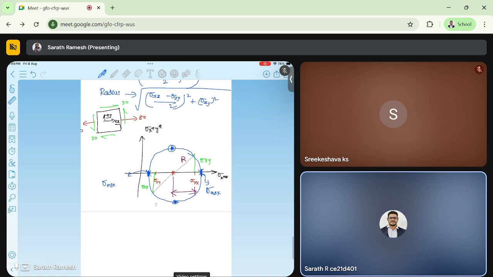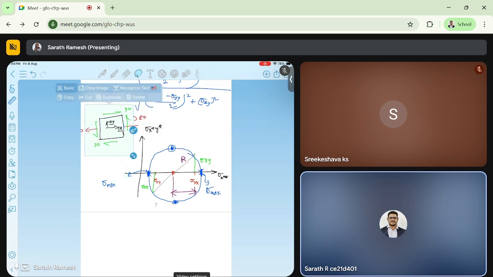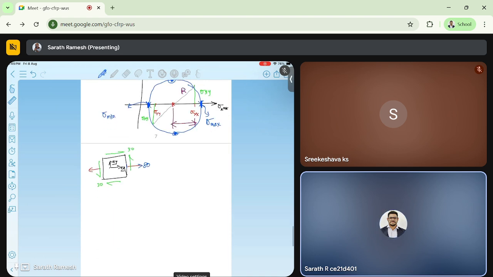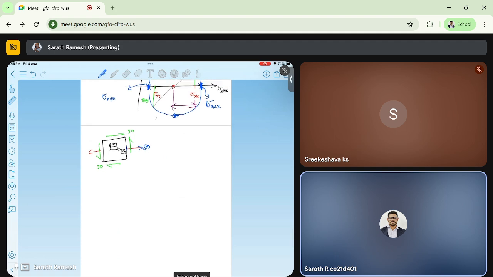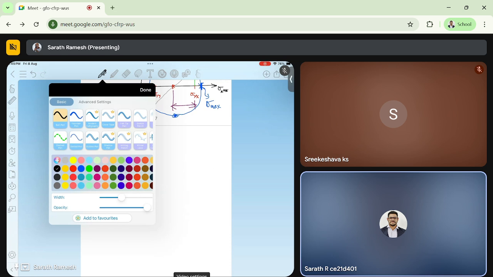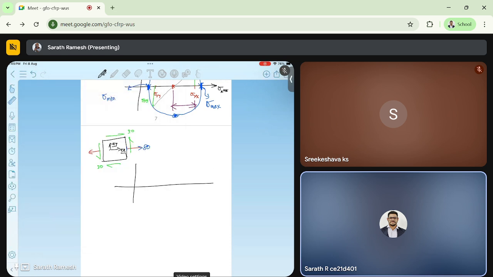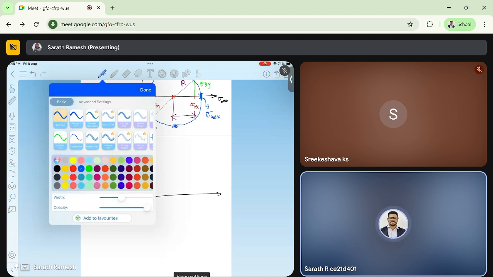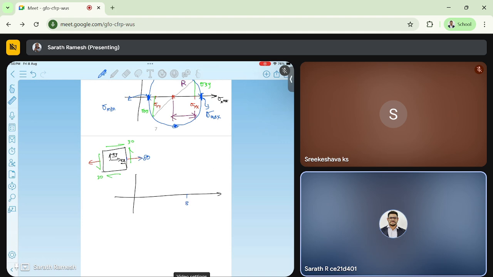Now, for this particular question that we have, if you want to draw this Mohr circle, sigma xx is 80. First sigma xx, assume here 80.